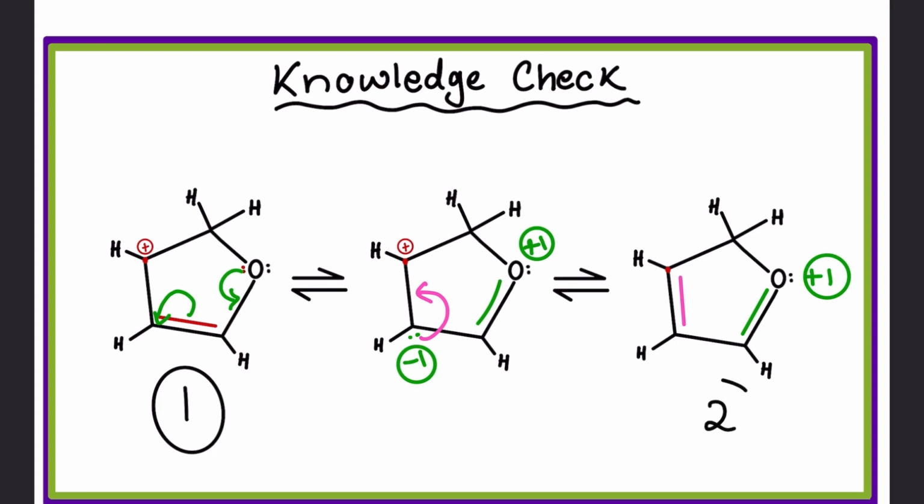I would rank this one second because although there are formal charges, it is on the oxygen, but it's not as bad as the next one. This is obviously going to be ranked last because there is a positive formal charge on oxygen, but there's also a negative formal charge on carbon, which is less electronegative.